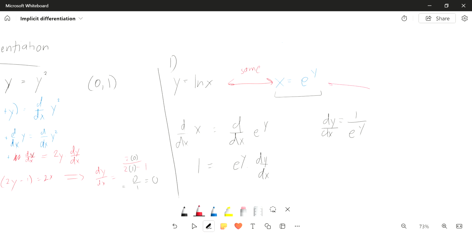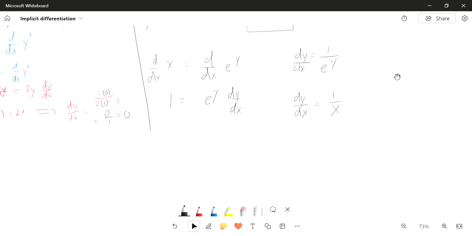But right here, that's x. So e to the power of y and x are the same thing. We can substitute x back, and we get the derivative of ln x as 1 over x. So using implicit differentiation, we found that the derivative of ln x is equal to 1 over x.